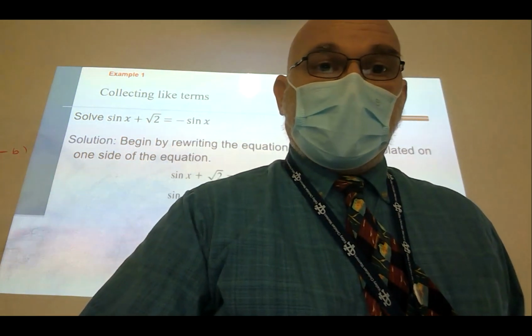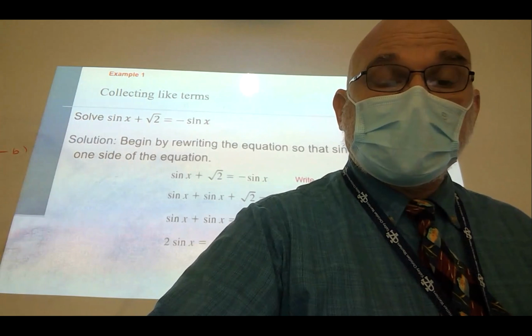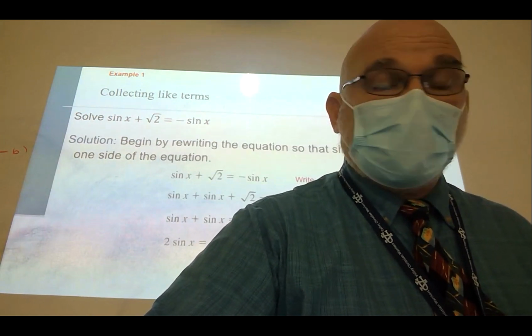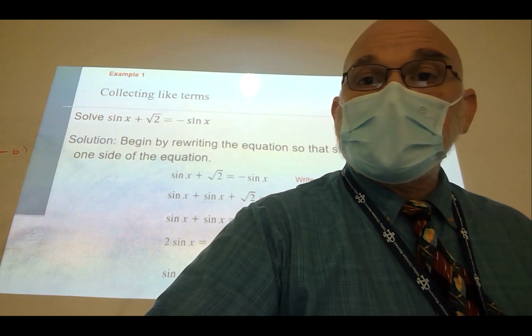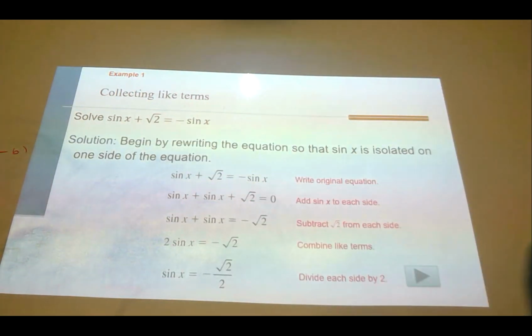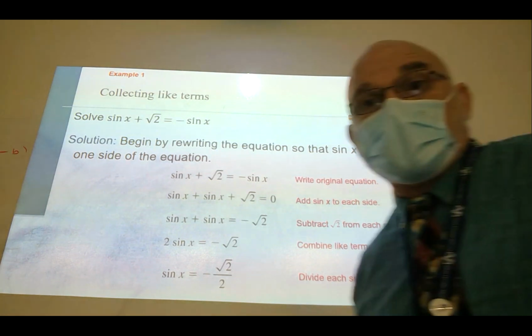And sine plus sine is 2 sine of x. Now I can divide through by 2, just like we did with algebra, but now we're doing it with a trigonometric function. So now I have sine of x is equal to negative square root of 2 over 2.